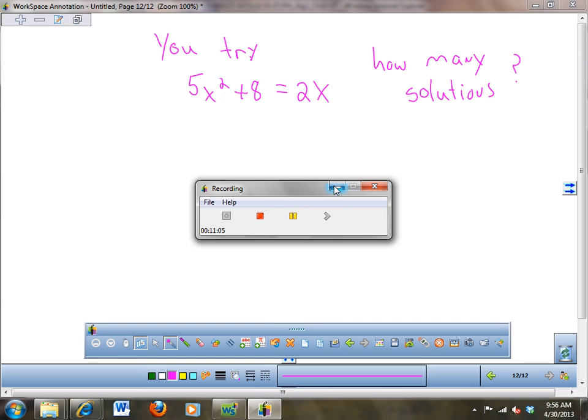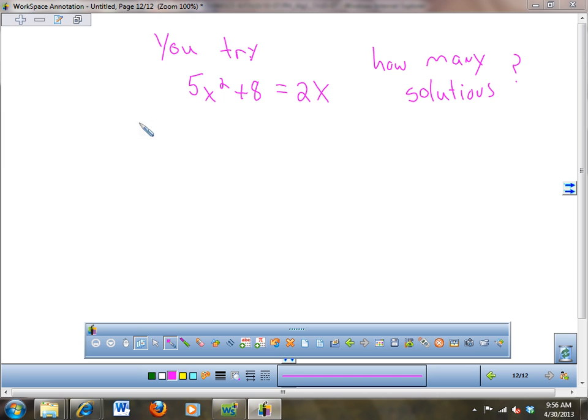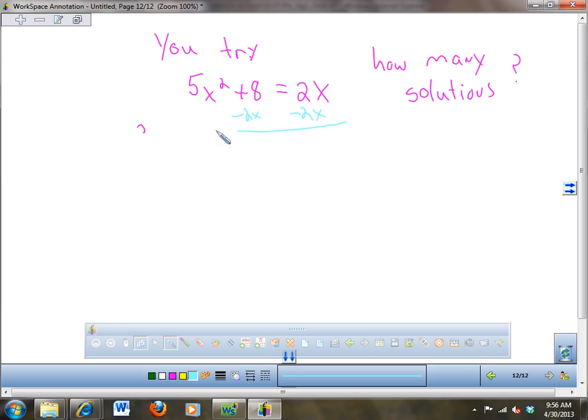So to do this one, all you have to do is subtract the 2x from both sides. So I'm going to take my 2x and move it over to the left side. Minus 2x, minus 2x. And you want to keep this thing in order so that it goes 5x squared minus 2x plus 8 equals 0.